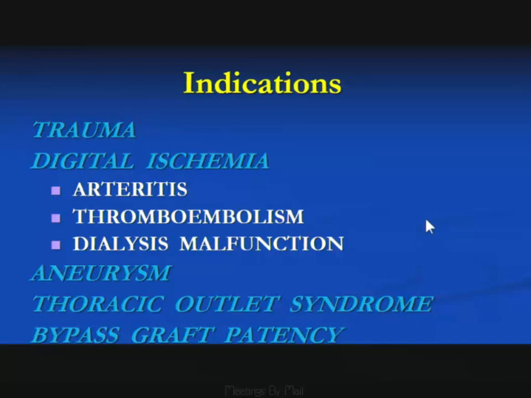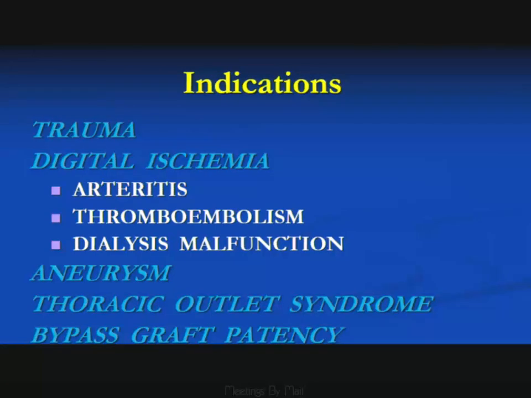So in any event, indications for imaging: commonly trauma, digital ischemia related to arteritis, whether that's Takayasu arteritis or giant cell, which are very occasional indications. Thromboembolism related to either something like an innominate artery disease process with thromboembolism, or post-trauma with formation of a traumatic aneurysm and thromboembolism.